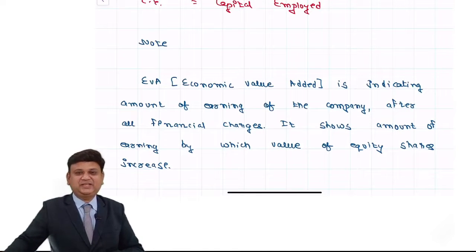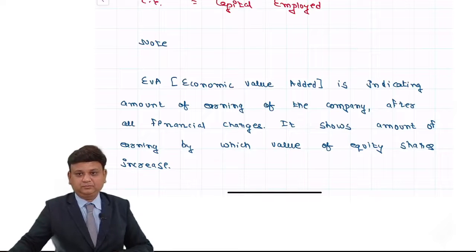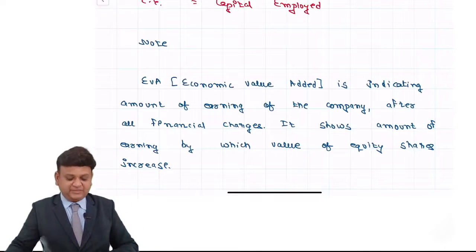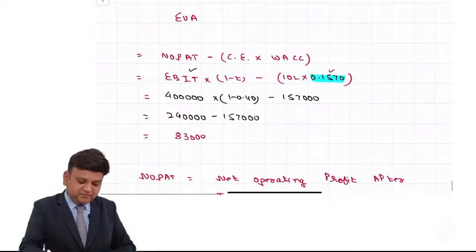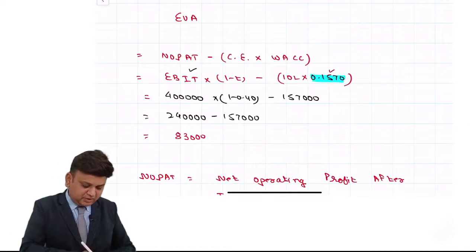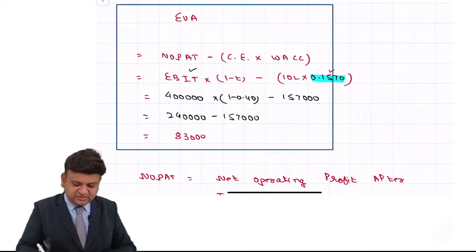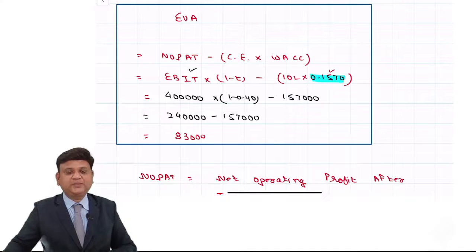This is what we understand as EVA. Friends, in examination we can answer by either method. However, understanding of this formula is very important because many a time information is given such that only this method can be applied.